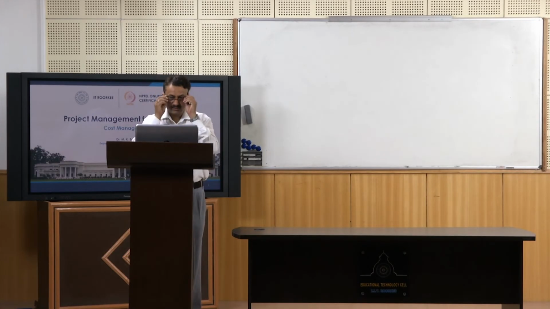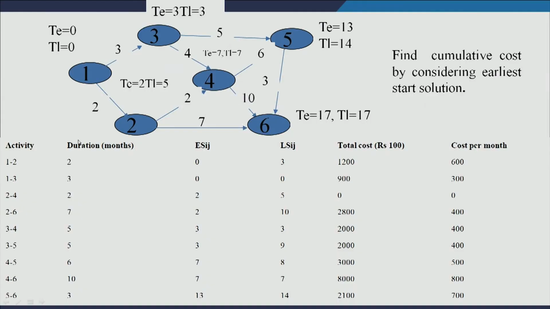Let us take this network which has 6 nodes and different activities. The duration of activity 1 2 is 2 hours, and for 5 6 it is 3 hours, and you have been given other time durations. We want to find the cumulative cost by considering the earliest start time.